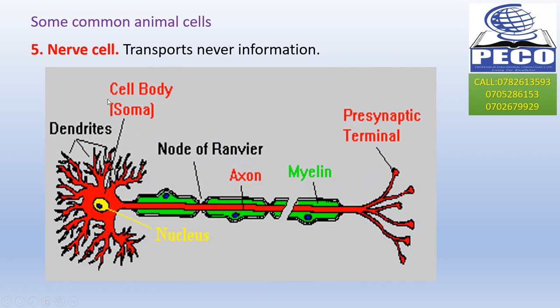Just look at one nerve cell. There's a cell body here, dendrites, the node of Ranvier, the axon, and then you have dendrites this side. You may have seen this in your primary, and let alone you see this in your senior 4 in the years to come.